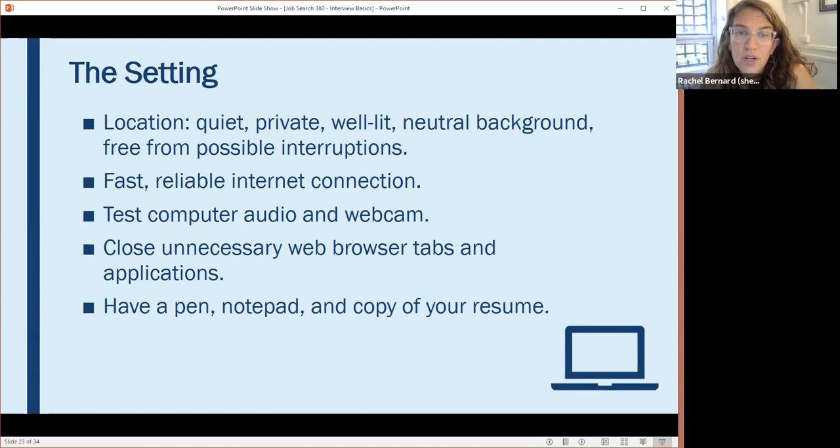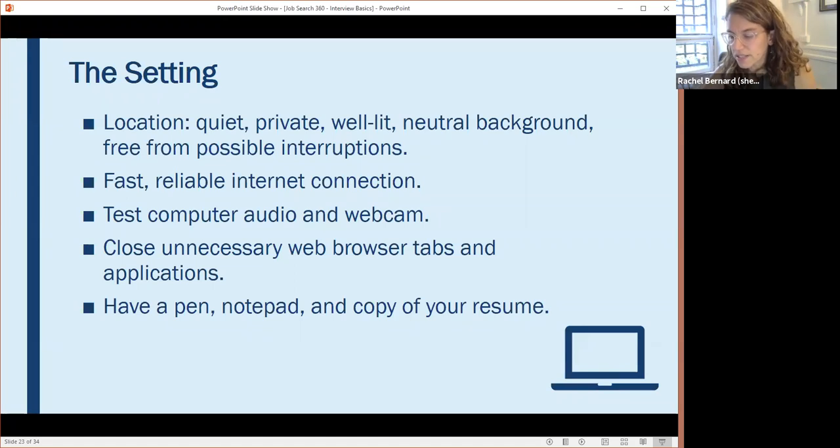Test your computer audio and webcam. Even if it always works, just test it right before, just in case. Close anything that might be distracting on your computer, or things that might slow your computer down if you have any big programs running. It's always good to have a copy of your resume handy, because they will be looking at your resume, whether it's printed out or you have the file open on your computer.